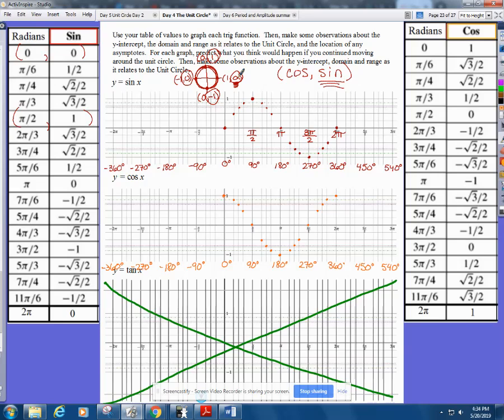So even though when we go around, we're plotting all of these points in between, the points at the 4 coordinates, or at the 4 on the axes, the x and y axes, those points are really important for us to familiarize ourselves with. So by plotting every point here, this point has a sine of 0.